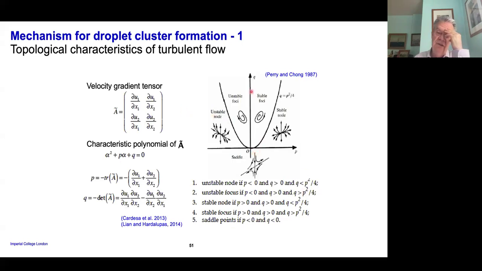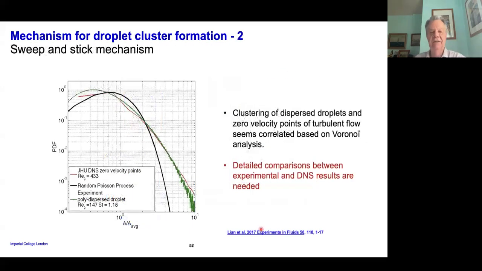So we can calculate from the turbulent characteristics the topological structures and identify the location of the zero velocity points. And eventually, because we have time-dependent airflow characteristics of the zero velocity points, we can calculate the spectra of the zero velocity points, which is the red line that you see.